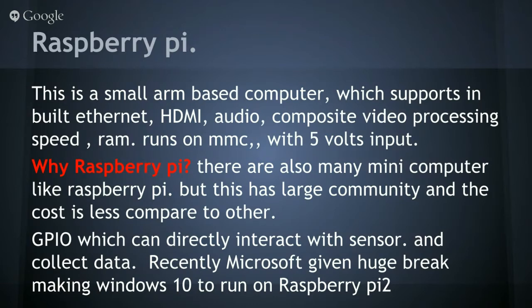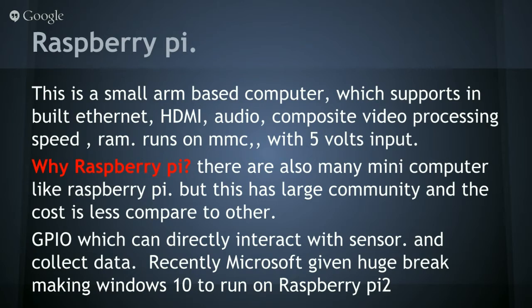Raspberry Pi is a small ARM-based processor device which has 900 megahertz of processing speed, and this version, Raspberry Pi 2, has 1 GB of RAM inside, and it has everything: four USB ports, one LAN port, one HDMI.